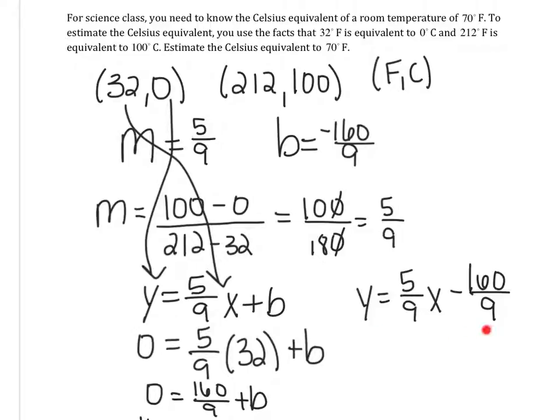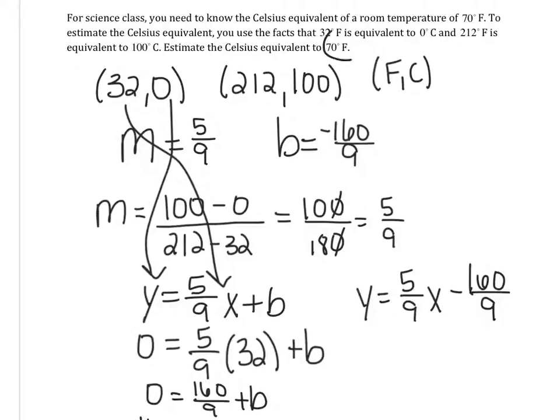So we had to find an equation in order to plug 70 degrees Fahrenheit into it to solve for the Celsius. So keeping in mind that our first number is F and our second number is C for Celsius, I'm going to put the 70 degrees Fahrenheit that I was given here and substitute it in for x. Since my first number was representing Fahrenheit, I'm going to plug 70 in for the x.